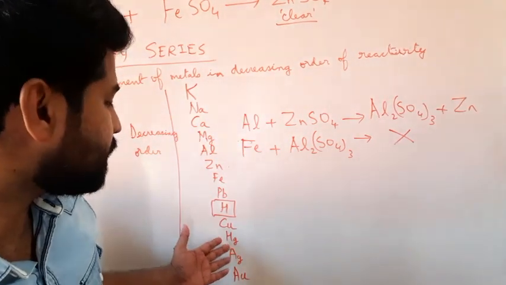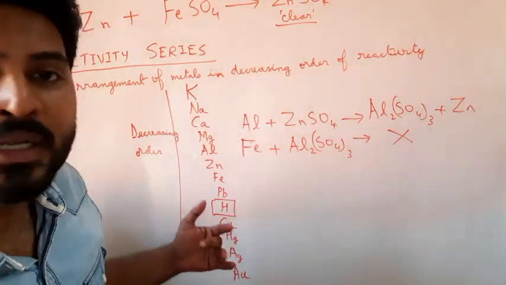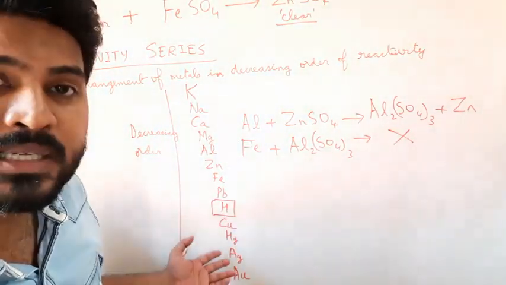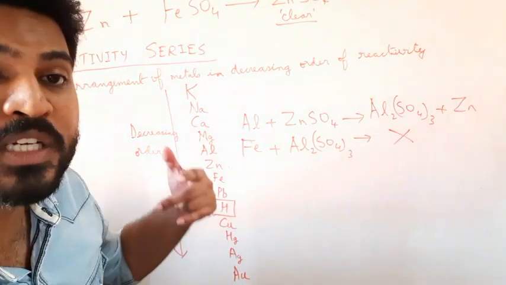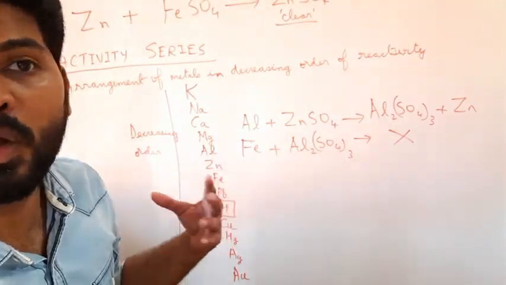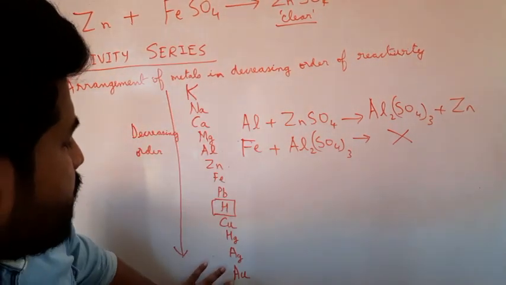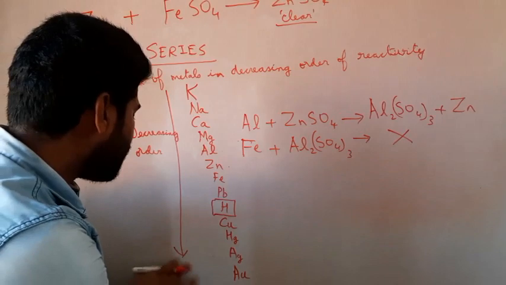We already saw that silver, gold, copper, they do not show any reaction with acids. Silver and gold don't show any reaction with oxygen, water also. So potassium is the most reactive one and gold is the least reactive one.